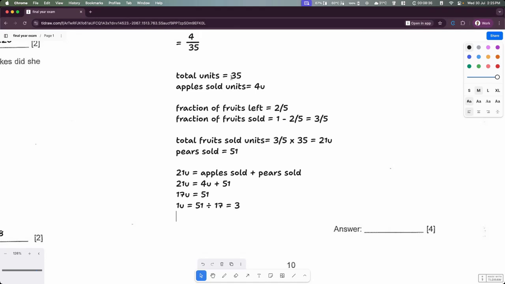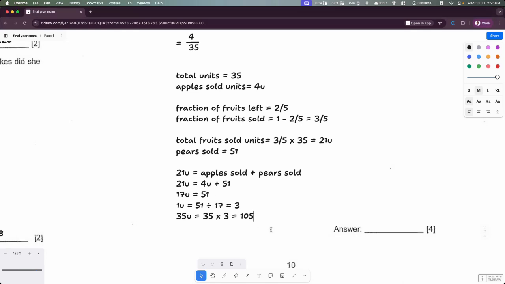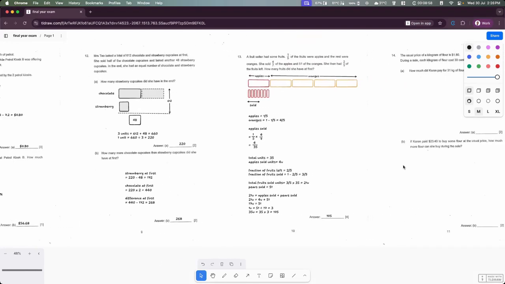So we know that the total units is 35. That means 35 units is equal to 35 times 3. This will give us 105. Let's double confirm. Multiplied by 35, and this will give us 105. And that's the correct answer. 105 fruits in this case over here.